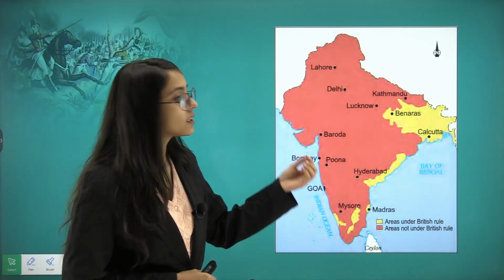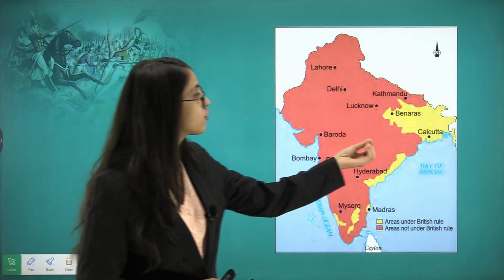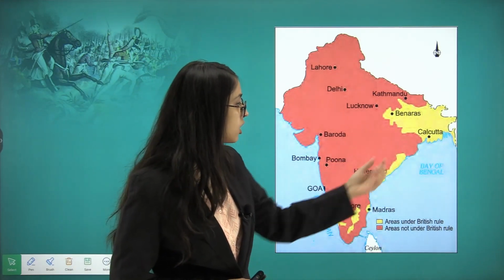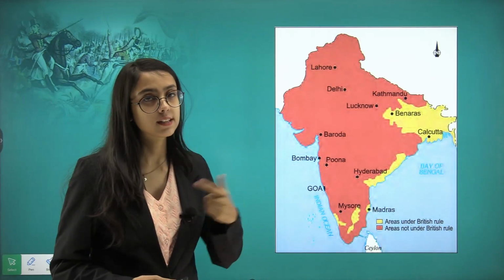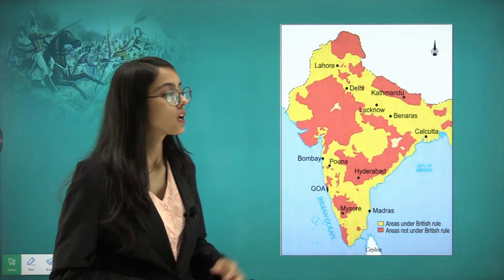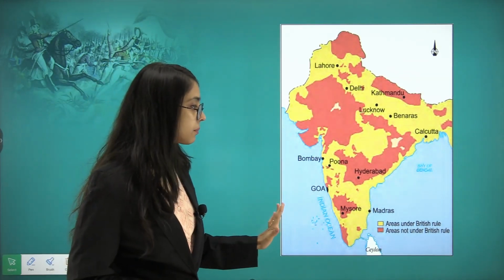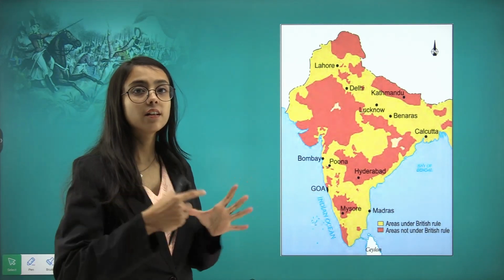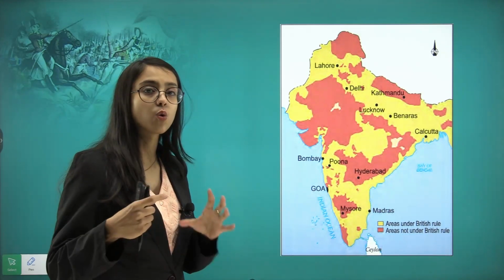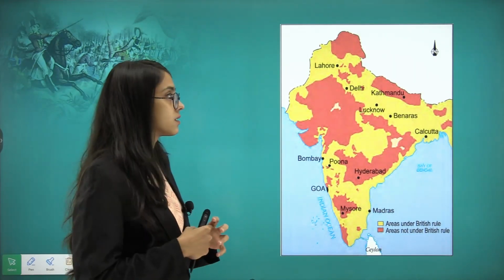Of course, the British used to rule a handful of places, for example Bengal, a part of Odisha, in the south, etc. Later on, let's see what happened. As you can see in this map, the areas under British rule expanded and the territories of the local Indian rulers decreased.